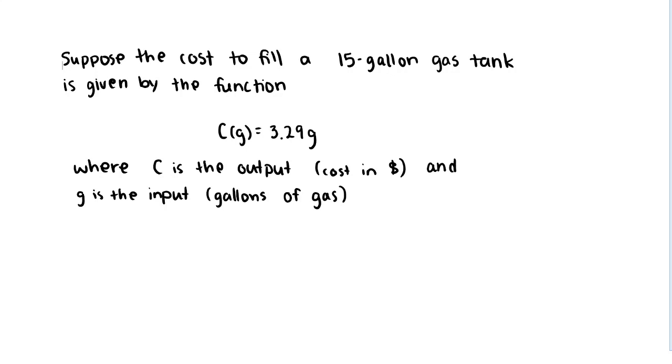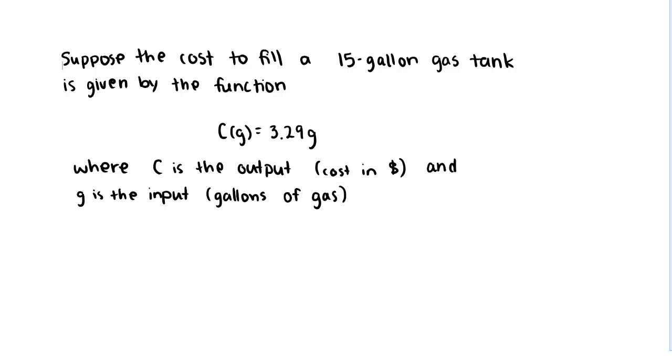I could plug in 100, I could plug in 50, but these values don't make sense for what the function is trying to do. It's trying to give us the cost of filling up a 15-gallon gas tank. And so it really only makes sense to plug in values between 0 and 15 to draw any meaning from this function.